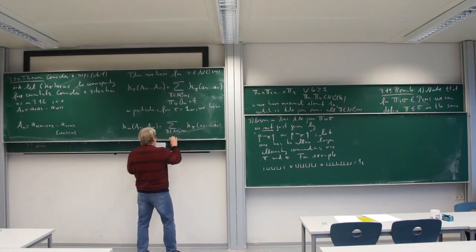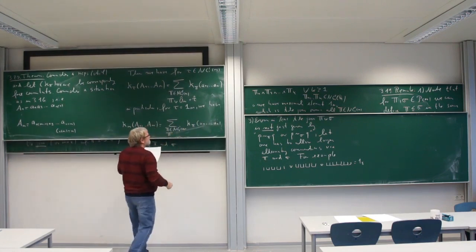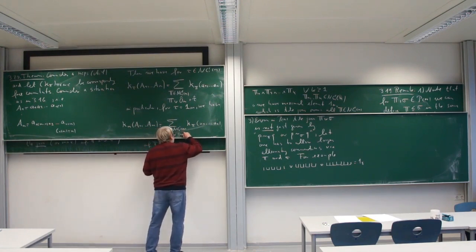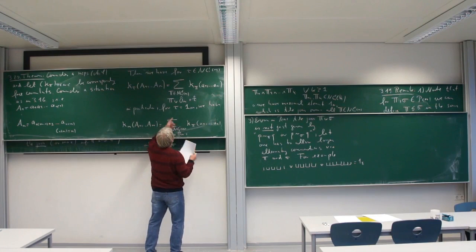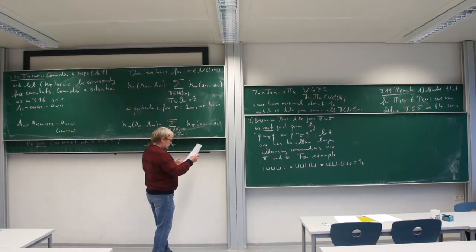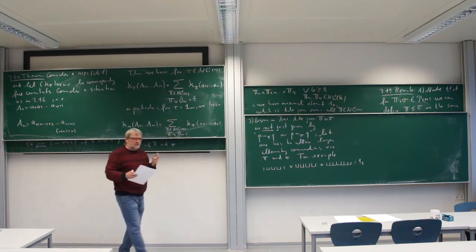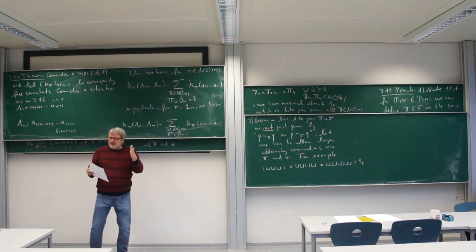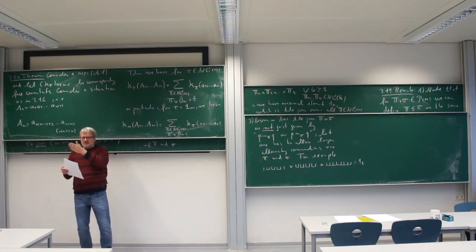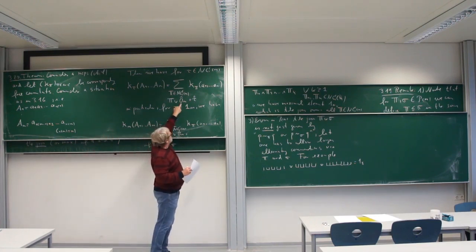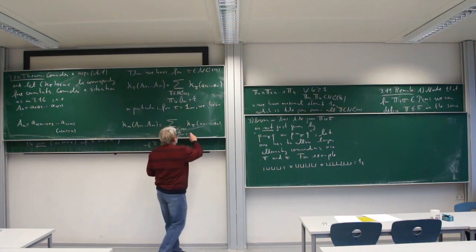And the condition is now that the join of pi with 0 m hat should be tau hat, but tau is now the 1, so this should be the hat of 1m, but this is 1n. So the maximal element under this mapping hat goes to the maximal element. For the minimal element, this is not true. I mean, this guy here is not the minimal element in NC n. But the 1m hat is the same as 1n.